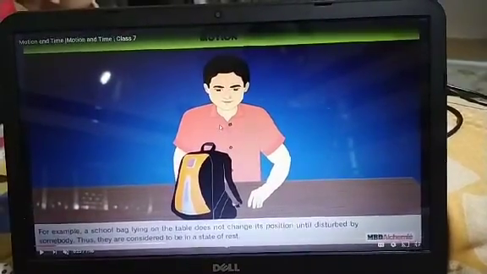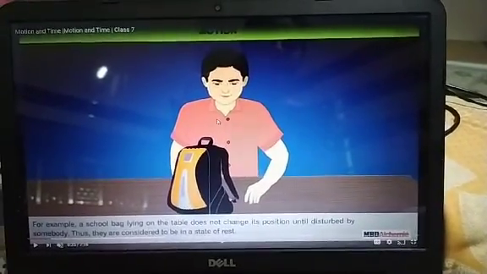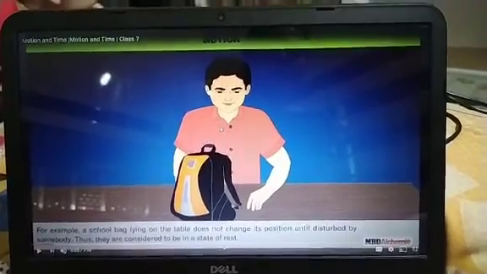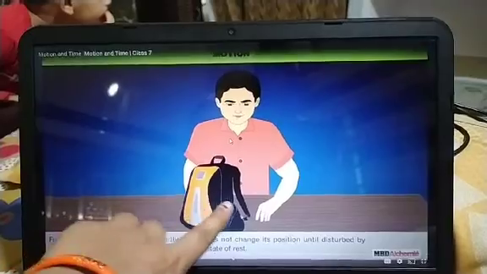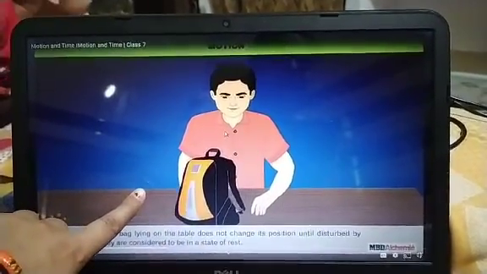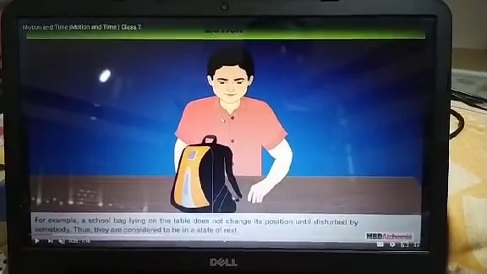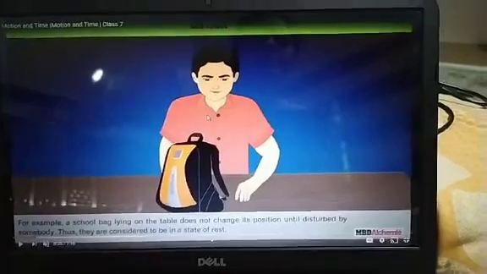Now just look at this bag. This bag is lying on a table and it's not changing its position, right? This person is standing over there and he's not touching this bag, so this bag will lie on the table by the passage of time. It means this bag is in a rest position.